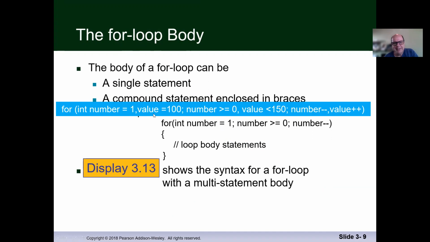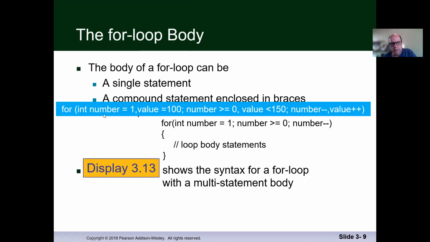So I can put multiple things in there. It doesn't have to be only one thing. For my initialization, remember, this was just one statement. I can separate them and put multiple statements in there. So I can put more than one thing in any of these parts. But remember, the semicolon is the one that's going to separate them.